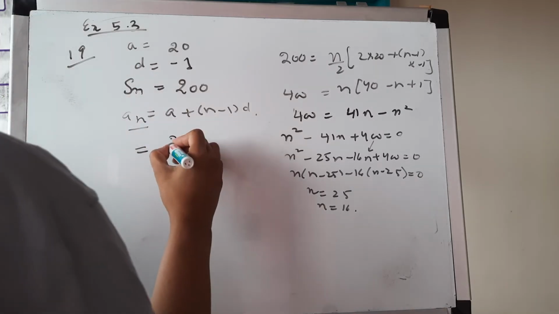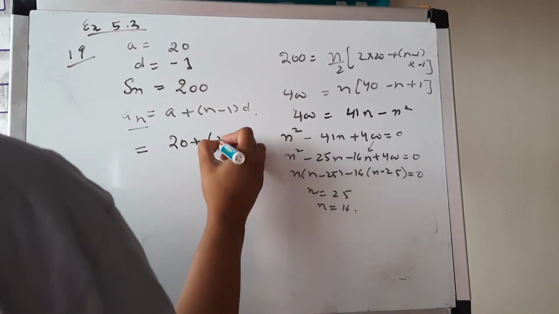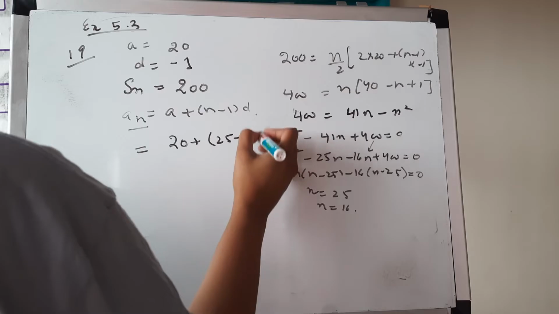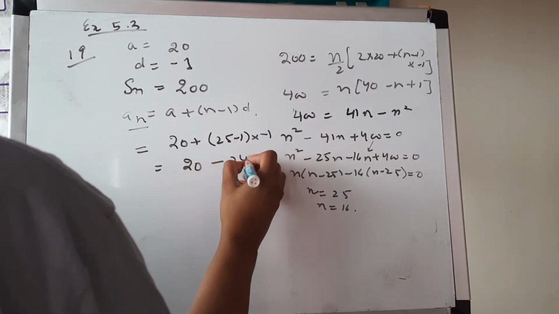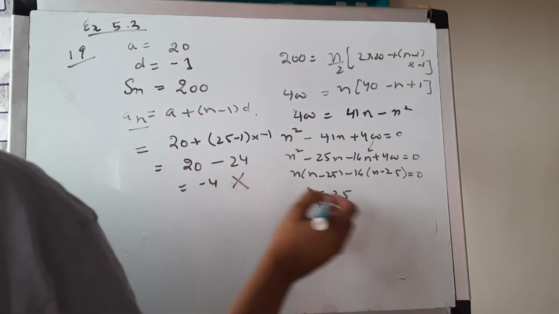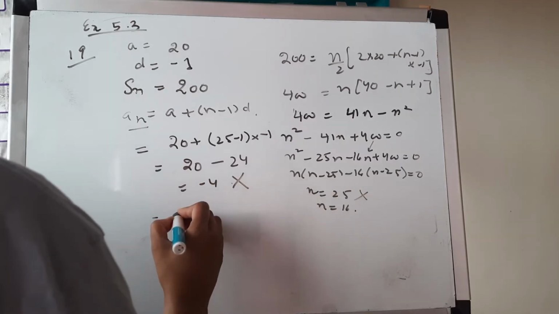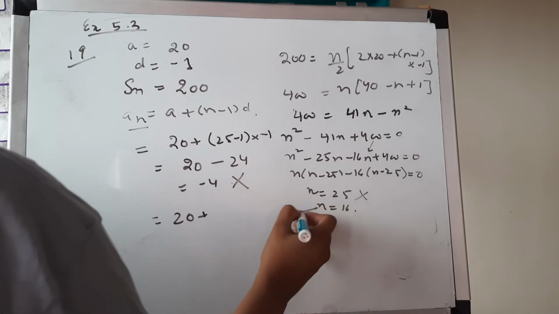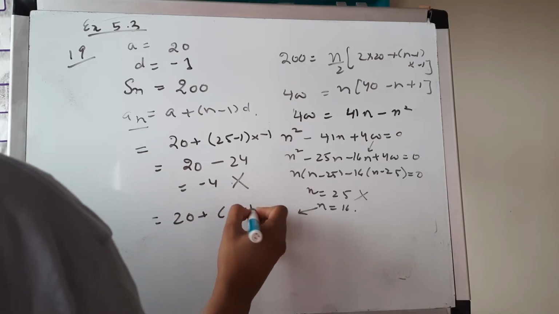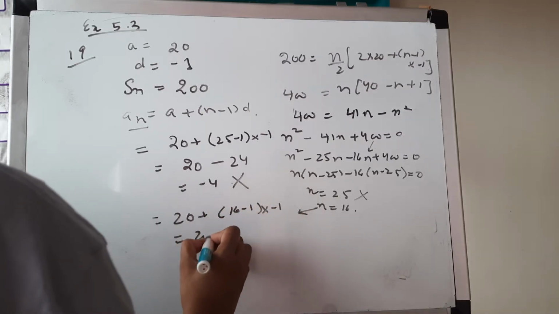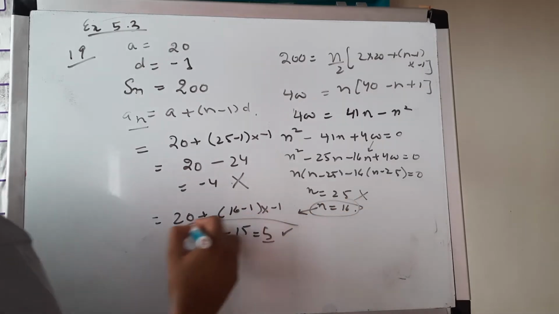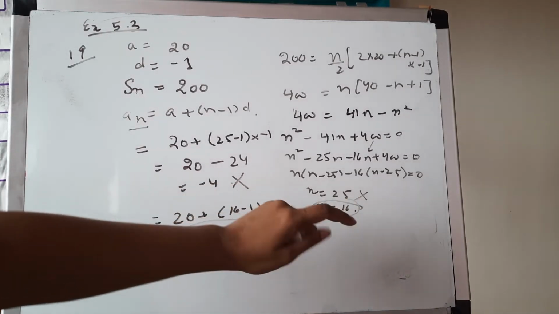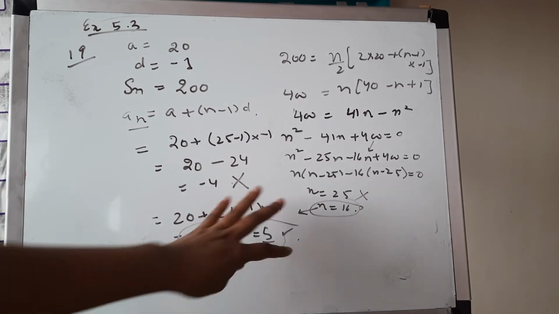What is a? 20 plus n minus 1 into minus 1. If n is 25, that gives 20 minus 20. This can't be negative, so we are not taking this. Substituting the other value, n is equal to 16. Because in a normal AP, in a normal scenario, both of them are possible.